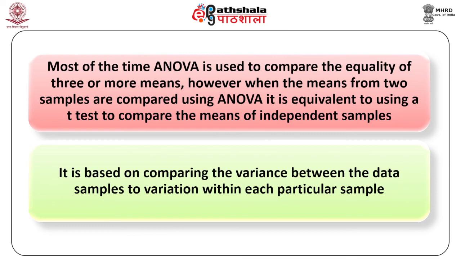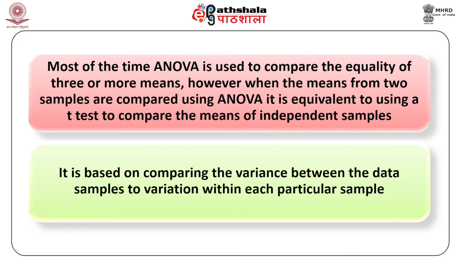Most of the time, ANOVA is used to compare the equality of three or more means. However, when the means from two samples are compared using ANOVA, it is equivalent to using a t-test to compare the means of independent samples.